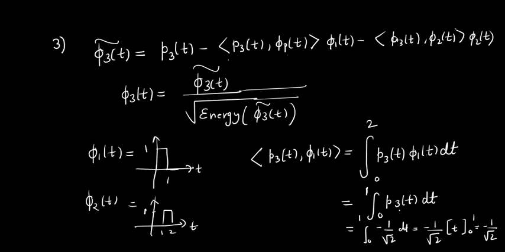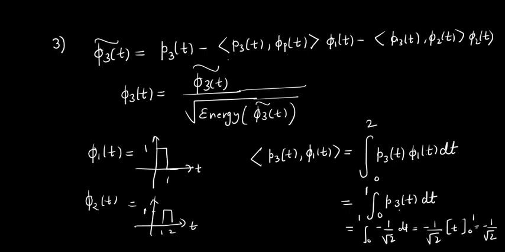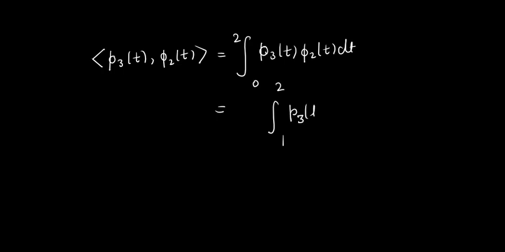Similarly, we need to find out the inner product of p 3 t, inner product is a better term, with phi 2 t. So, you have to multiply p 3 t with phi 2 t between 0 to 2, but as we can see, phi 2 t is 1 from 1 to 2, and for the rest it is 0. So, you can put 1 to 2 of p 3 t dt.